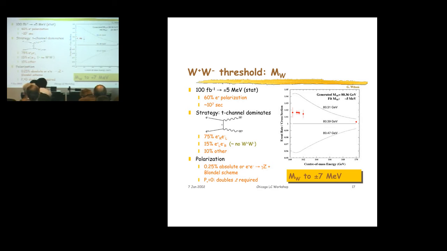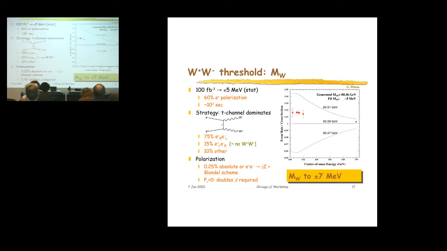constrain the polarization measurements. In terms of the polarization measurement that you need, 0.25% absolute would essentially give you the precision that you needed. If this becomes difficult, you could again use radiative returns plus the Blondel scheme without significantly decreasing the uncertainty in the W mass extraction.